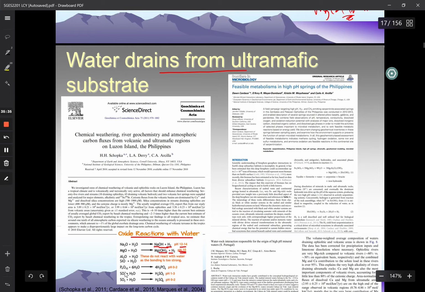Whereas for acidic oxides, for example sulfur dioxide and sulfur trioxide, it gives H2SO3, which is acidic, and H2SO4, which is also acidic. So hydrogen ions may dissociate and give off this acidity to the water.